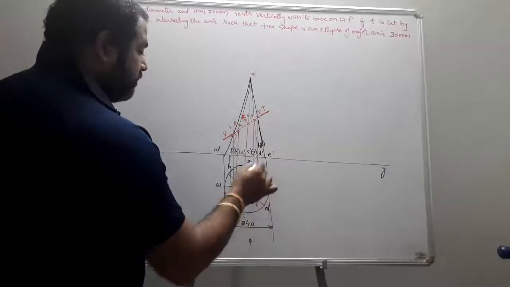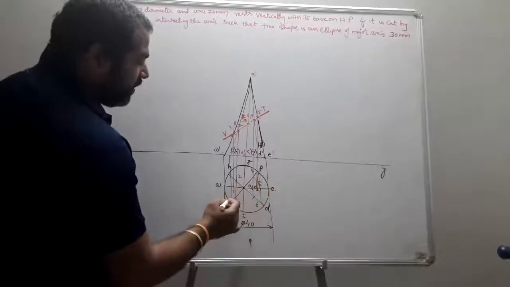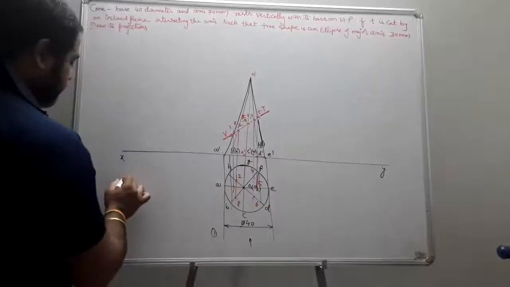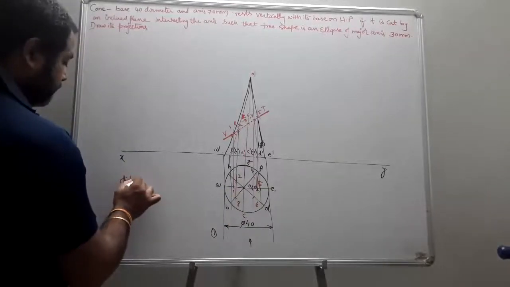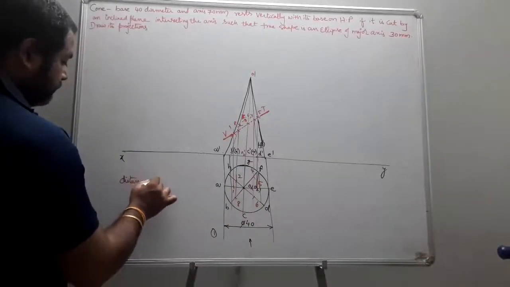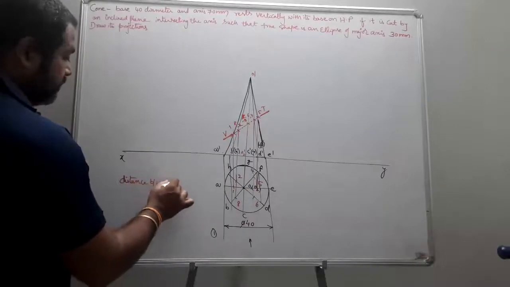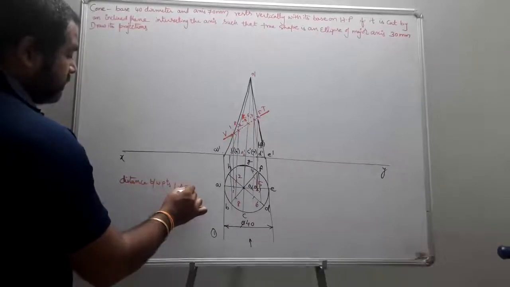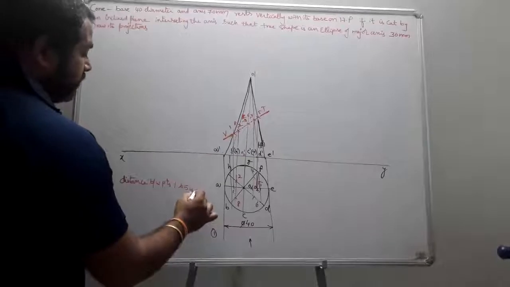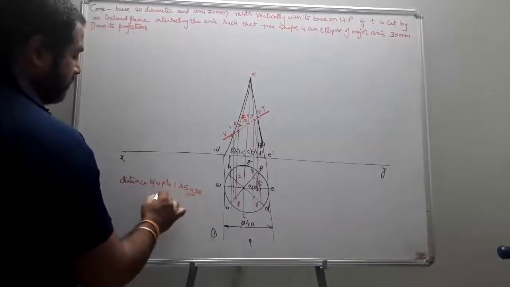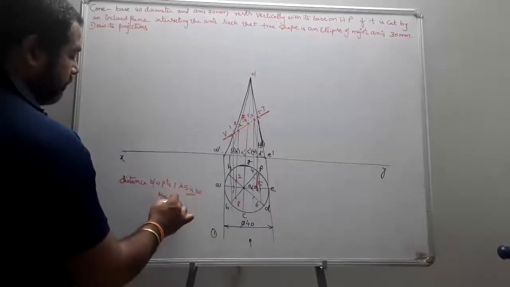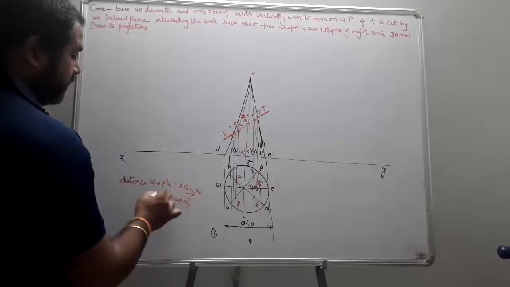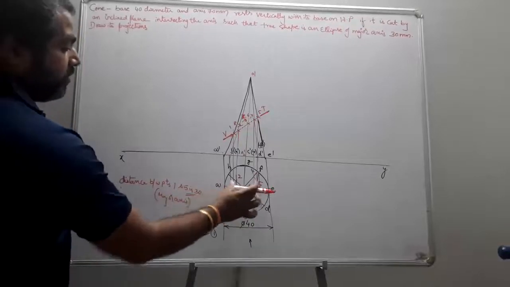The distance between points 1 and 5 is taken as 30. Why? Because the major axis is given as 30. So I just take 1 and 5.